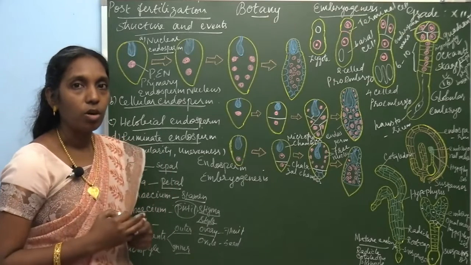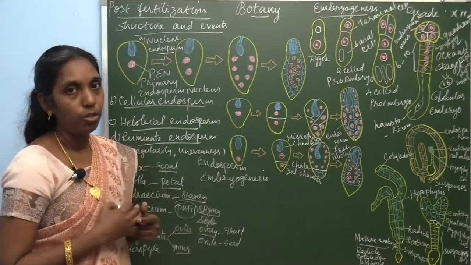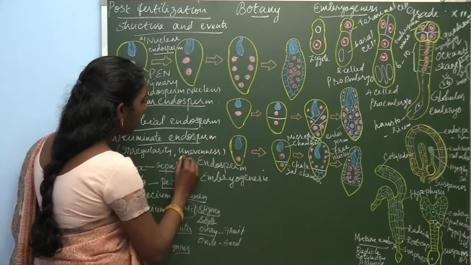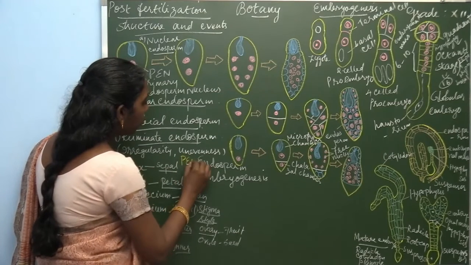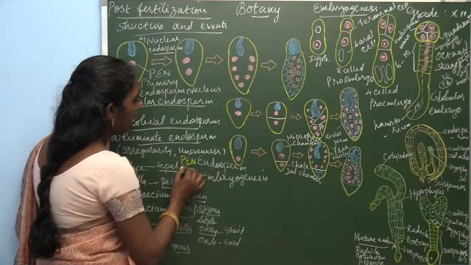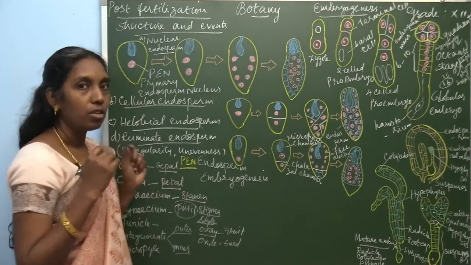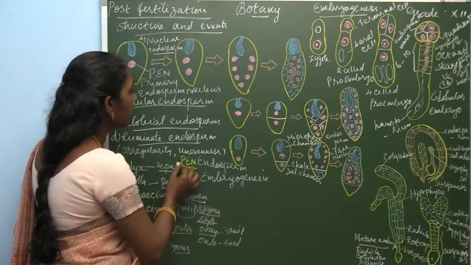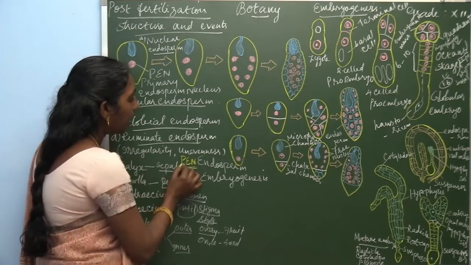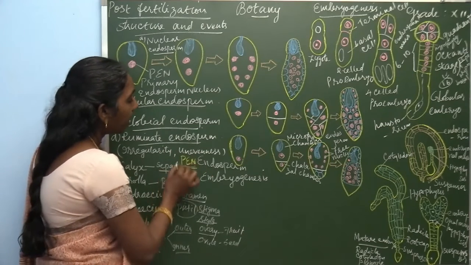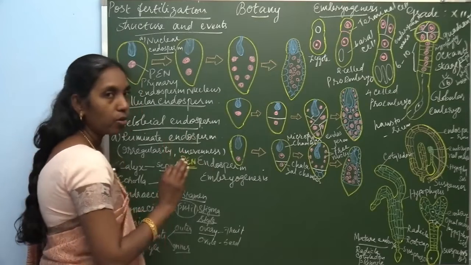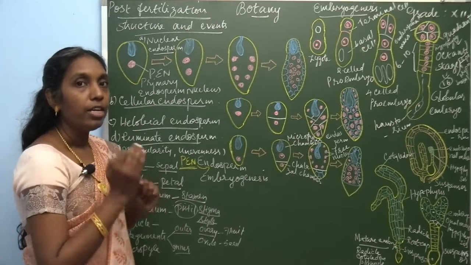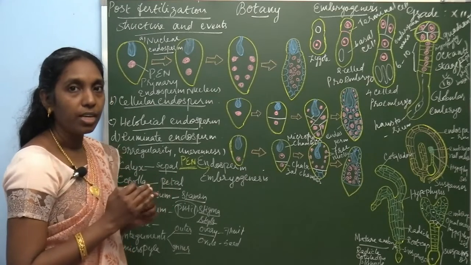How does this endosperm develop? It develops from the primary endosperm nucleus, PEN. For better understanding, remember it as PEN, primary endosperm nucleus. The primary endosperm nucleus undergoes division and becomes endosperm. Endosperm is formed in most angiosperms.